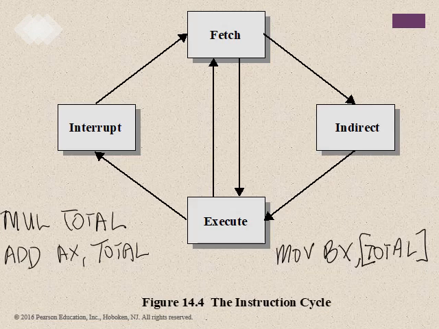So students are familiar with fetch instruction, execute, and interrupt. Now we are talking about indirect, where you can think of the fetching of indirect addresses as one more instruction stage. So now we have 4, including indirect cycle.